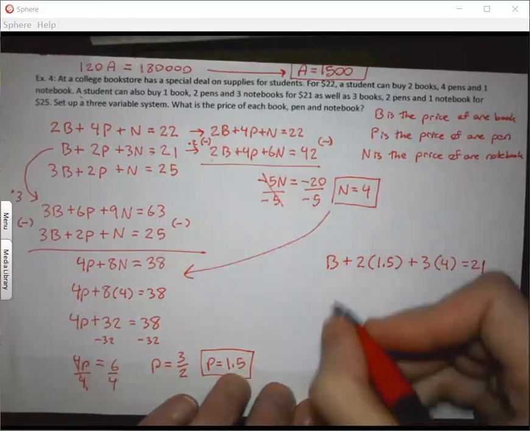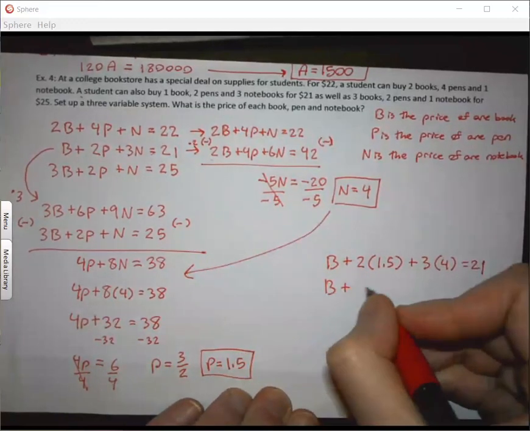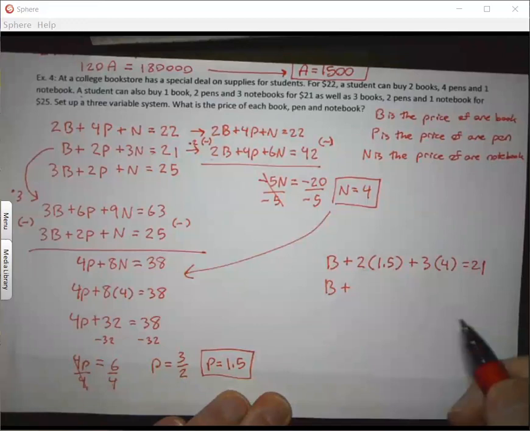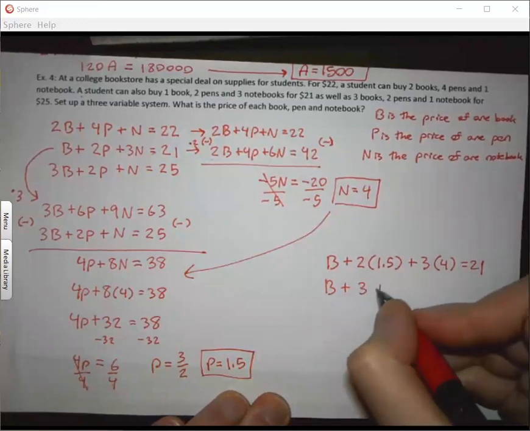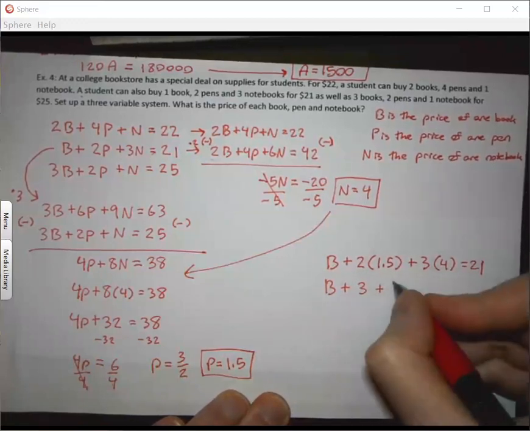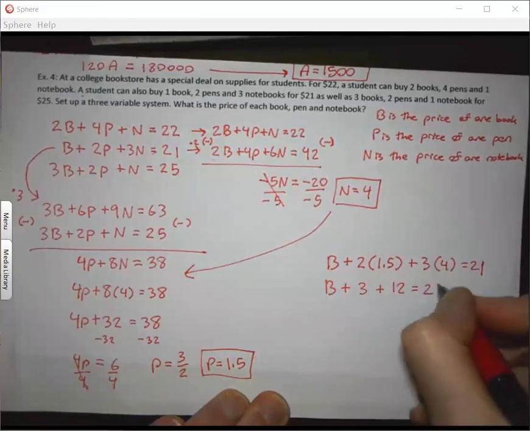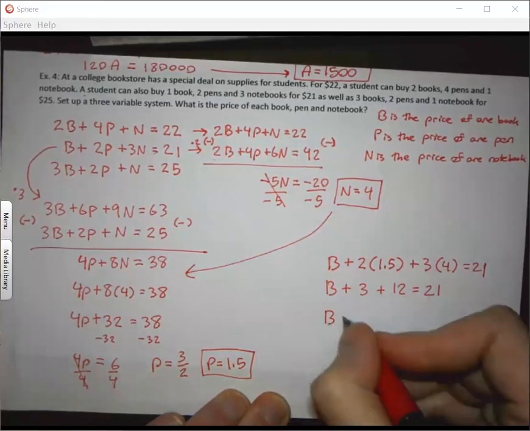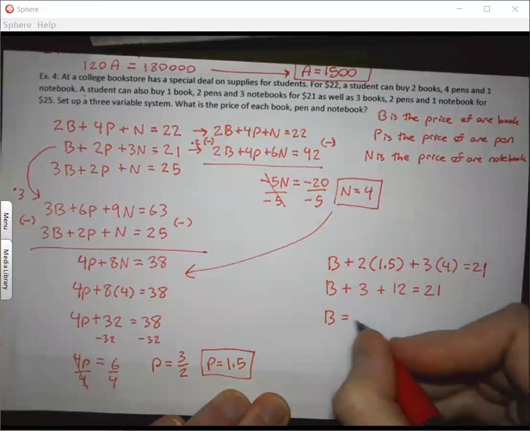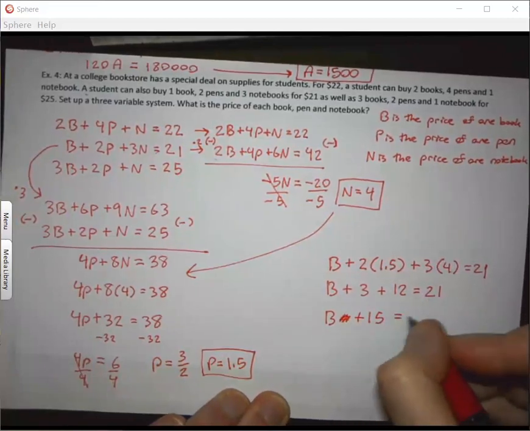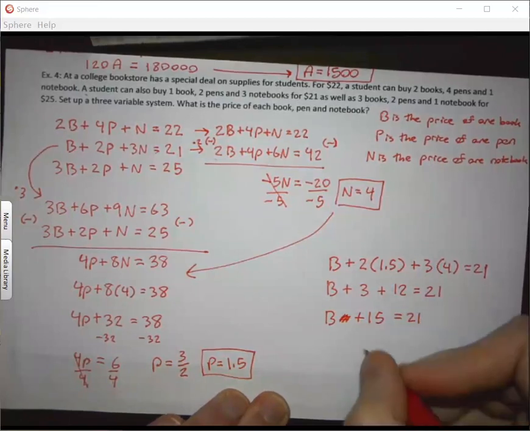So let's simplify. 1.5 times 2, 4 times 3. Take away 15 from both sides.